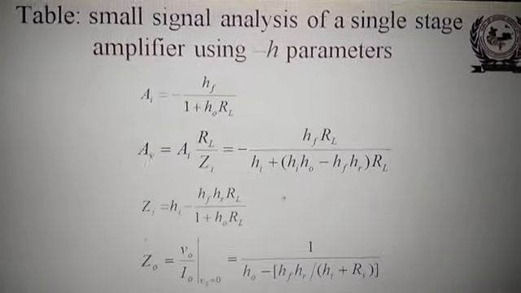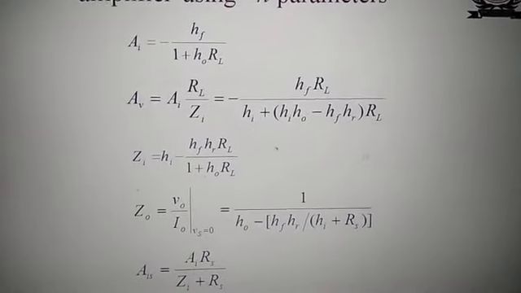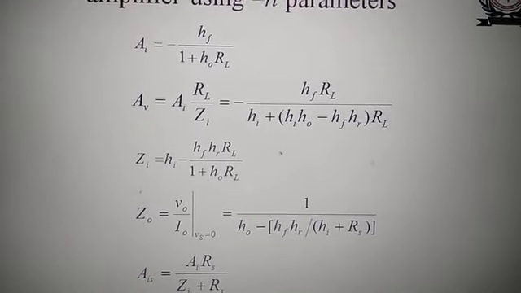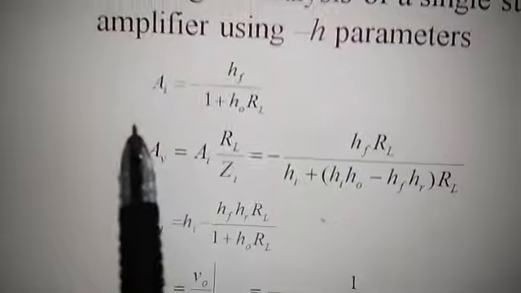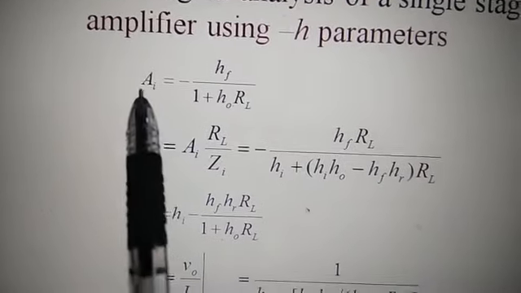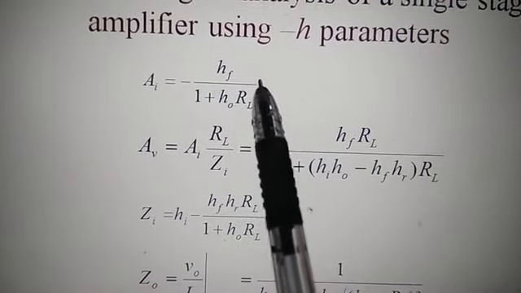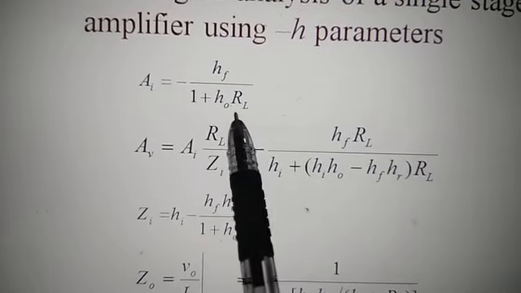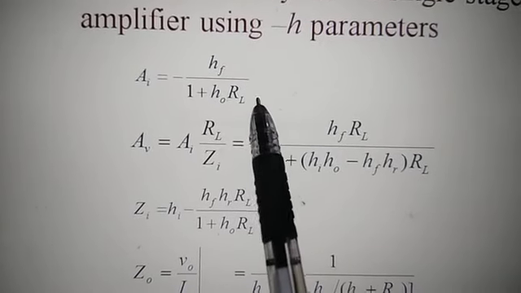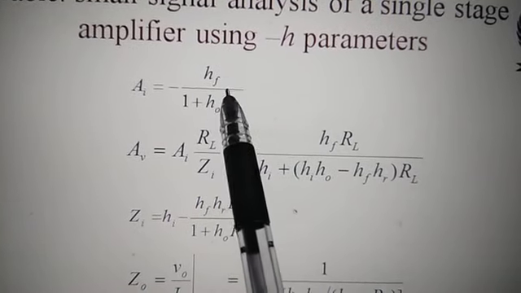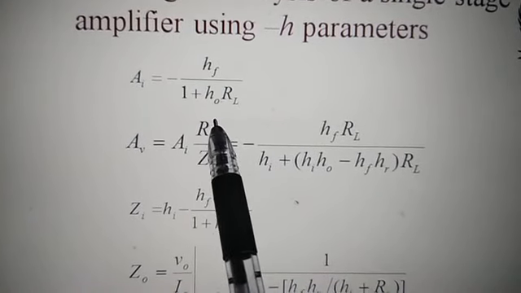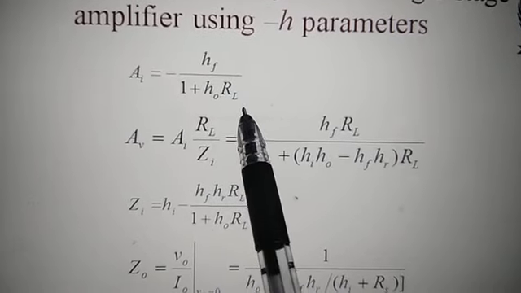Now you can see these formulas for the H parameters written collectively. The first formula is the current gain without source: AI is equal to minus HF upon 1 plus HO into RL. For common emitter, AI is equal to minus HFE upon 1 plus HOE into RL.